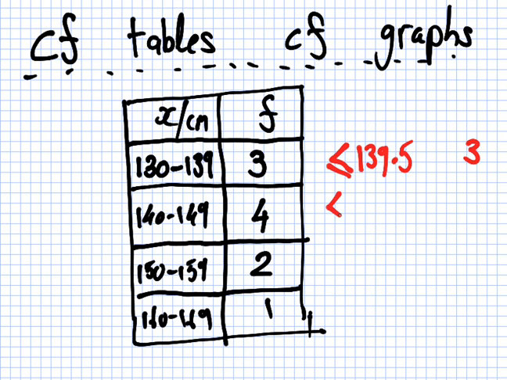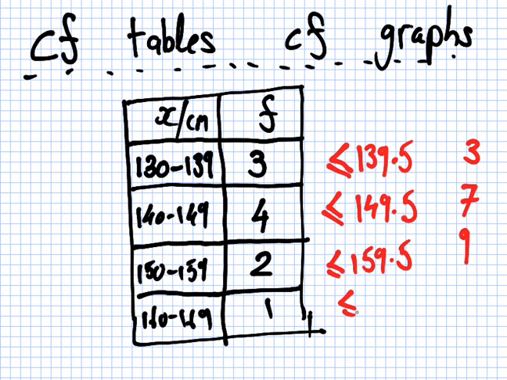How many people are less than or equal to 149.5? 7, yeah. Because those other 3 people are also less than this height. And then likewise here, less than 159.5, 9. And then less than 169.5, 10. This here is called the cumulative frequency.